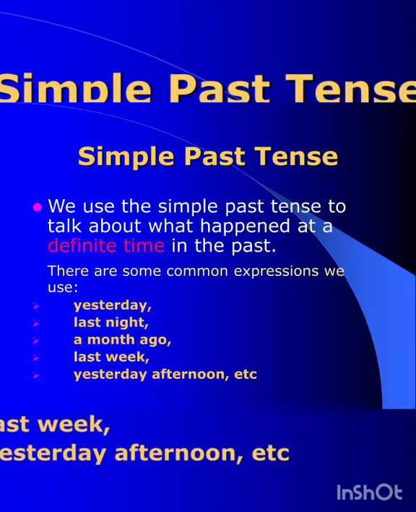And also, my dear friends, there are some common expressions that we use while framing sentences on the basis of the simple past tense, and those time expressions are yesterday, last night, a month ago, last week, yesterday afternoon, etc. So we can say that this simple past tense is used to talk about what happened at a definite time in the past. And another thing is that in simple present tense, dear students, we do not use any auxiliary helping verbs, but here in simple past tense, we do use the V2 form of the main verb.